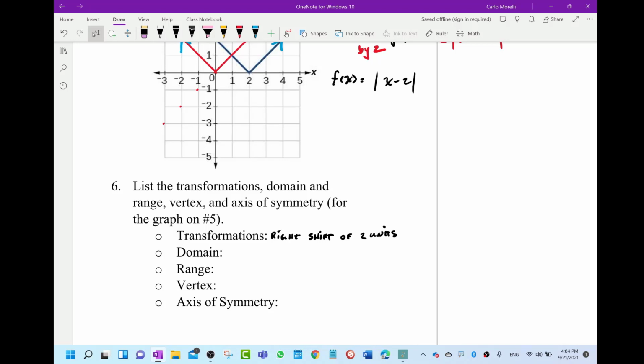So the domain would be, there are many ways to write this, so I'll write it a couple of ways that you might know. You could do open parentheses, negative infinity to positive infinity. That's interval notation. Or you could write negative infinity less than or equal to x less than or equal to positive infinity. Or you could use the really hard one, set builder: the set of all x which are elements of the real number system such that x is between negative infinity and positive infinity.